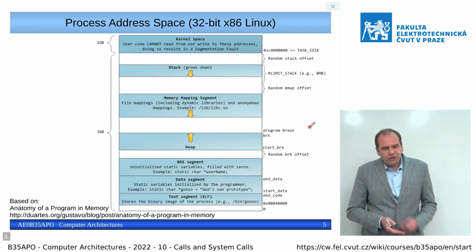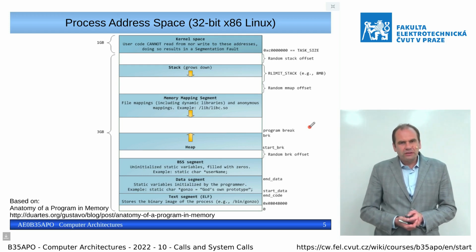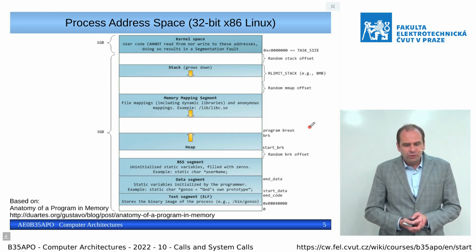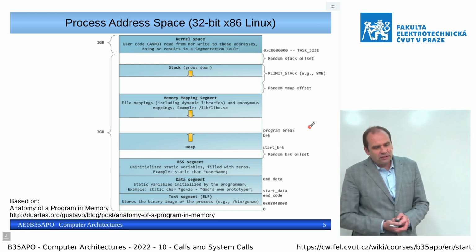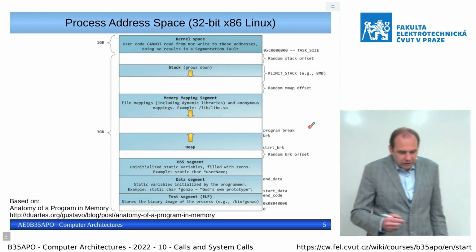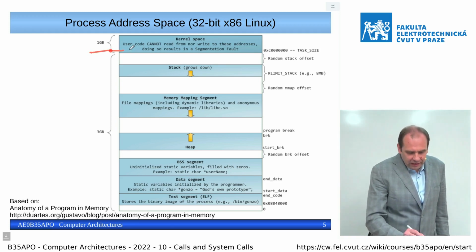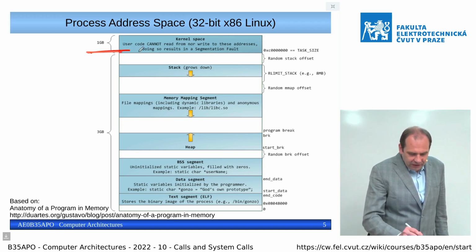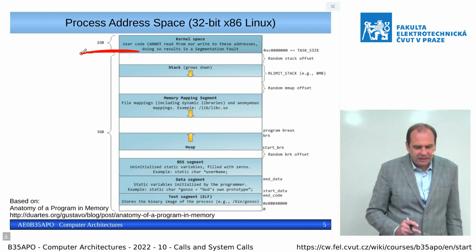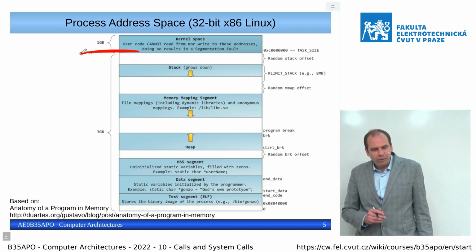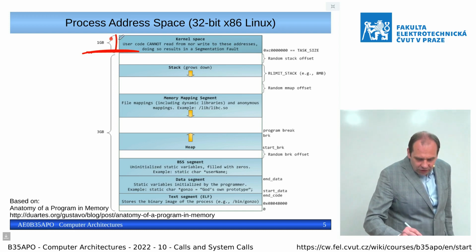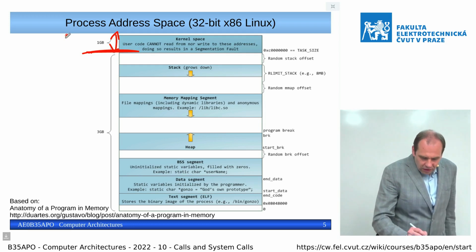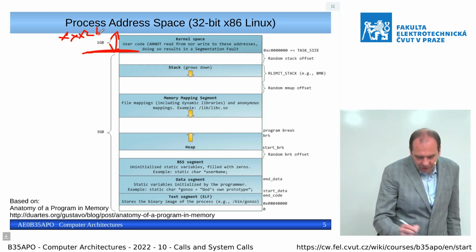Okay. So that was for the bare metal system or some simple system where you have directly mapped the physical memory to the address space. In the case of processes in the Linux kernel, in the 32-bit case on x86, we divide the virtual address space which is provided to the given program into a part which is not accessible to the program. It is usually 1 gigabyte of those upper addresses around 0xFFFFFFFF.